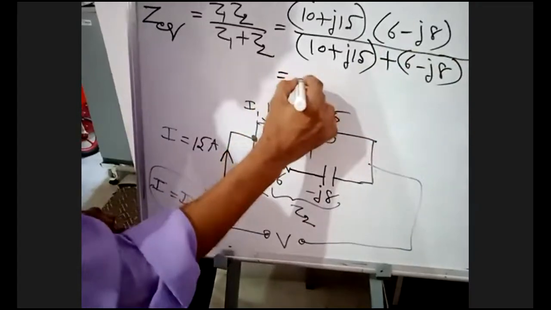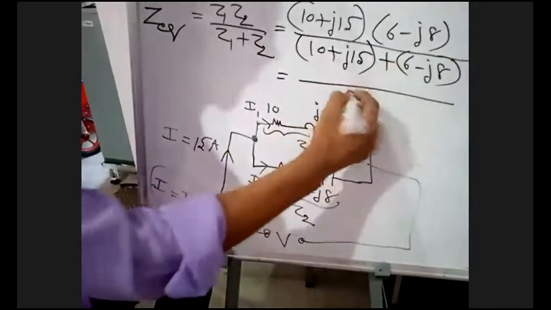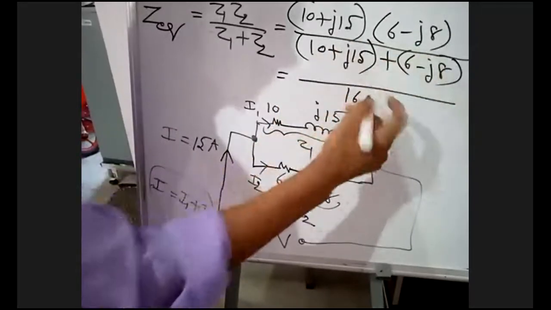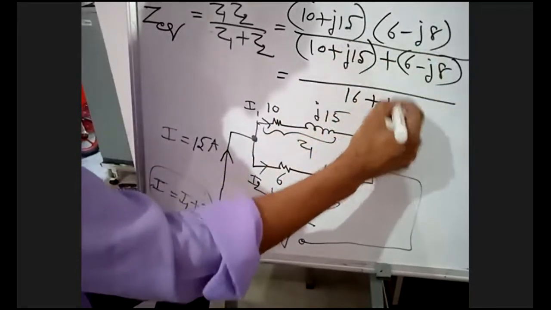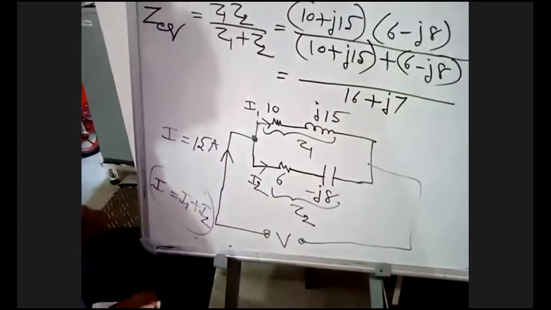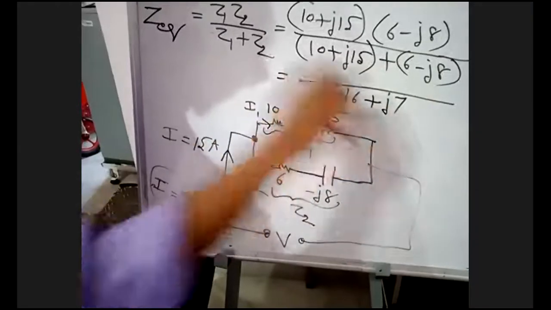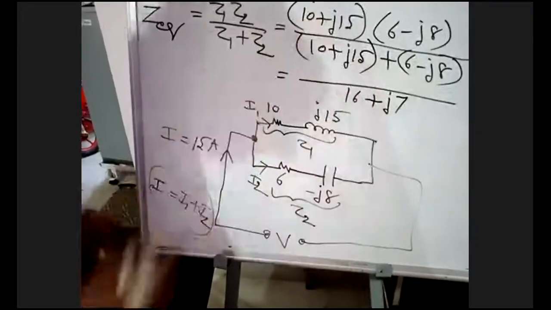Now see here, in the denominator, 10 plus 6 is 16, 15 minus 8 is J7, so 16 plus J7. In addition, it is rectangular form. Now multiply these two.